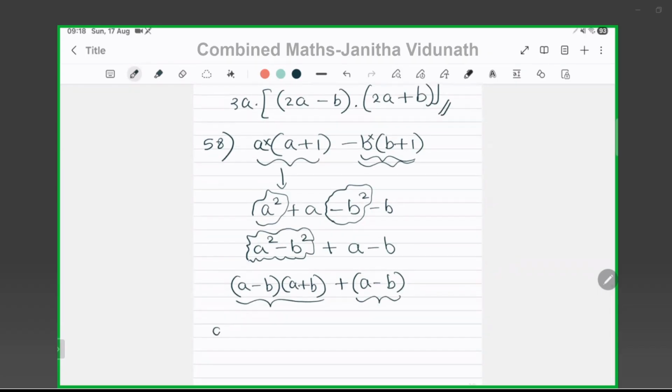Then we can factor out a minus b. The remaining term here is a plus b, and here the remaining term is 1. Then finally we can factorize this as a minus b times a plus b plus 1.